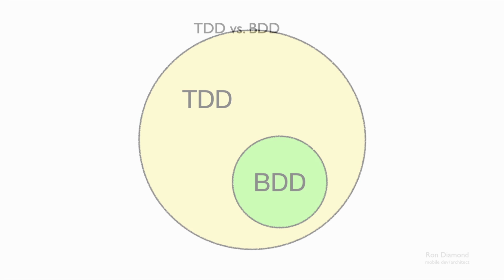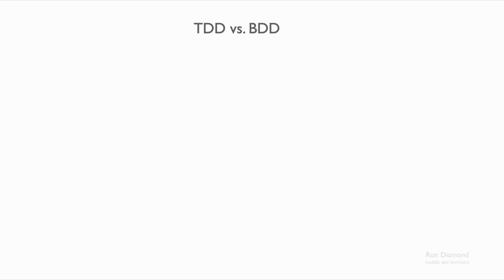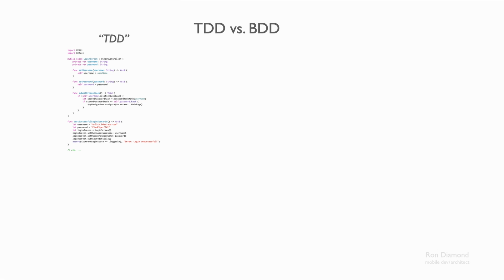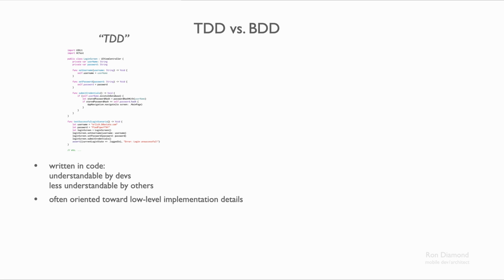So how do those two styles of writing tests compare? TDD is usually written in code, and so it's understandable by developers, though less understandable to non-developers. It's often oriented around lower-level implementation details, and therefore it's brittle. It may break when those implementation details change.